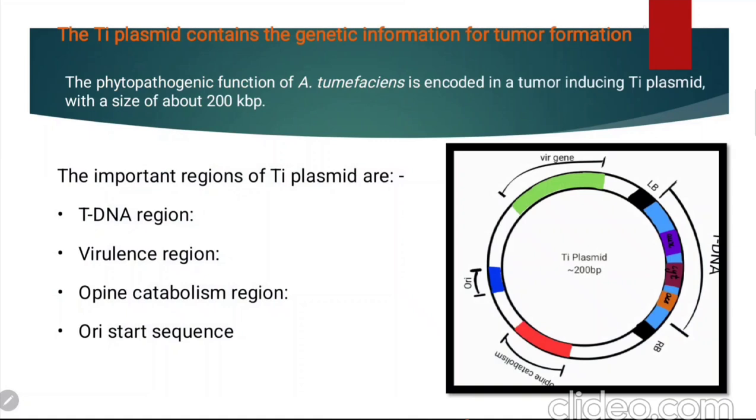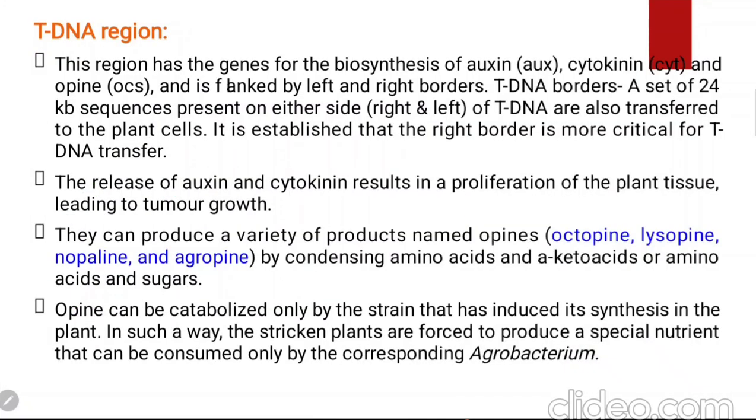For causing this tumor-like growth, the most important is the Ti plasmid, which has phytopathogenic function. It is around 200 kilobase pair and has four important regions: tDNA region, virulence region, opine catabolism region, and ori sequence. So we will now talk about each in detail.